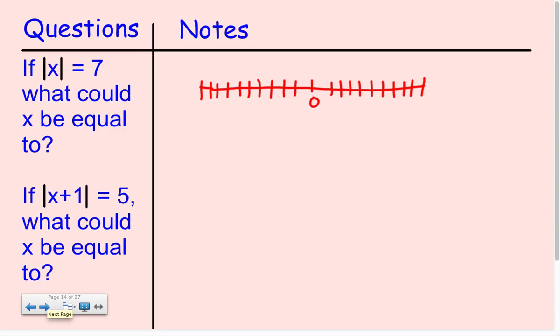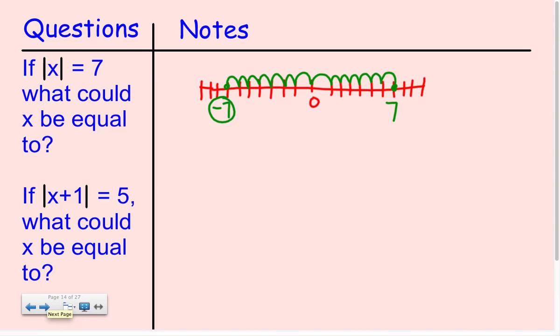So if I go 1, 2, 3, 4, 5, 6, 7, this is 7 away from 0. But I can also go to the left. 1, 2, 3, 4, 5, 6, 7. So both negative 7 and 7 are 7 units away from 0 on a number line.